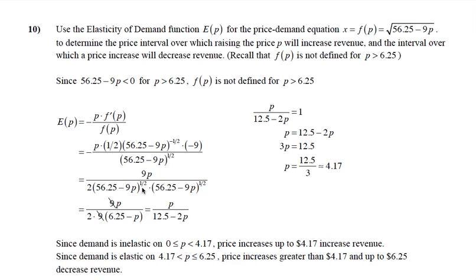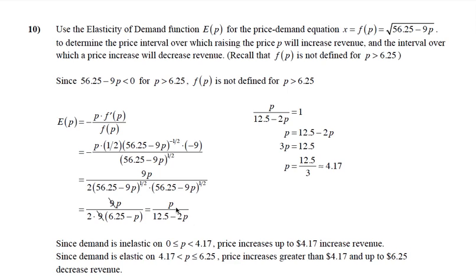Then 56.25 is divisible by 9, so you factor a 9 out of 56.25 minus 9p, and that 9 cancels with the 9 in the numerator, and that leaves p over 2 times 6.25 minus p. Distributing, 2 times 6.25 is 12.5, and 2 times negative p is negative 2p.